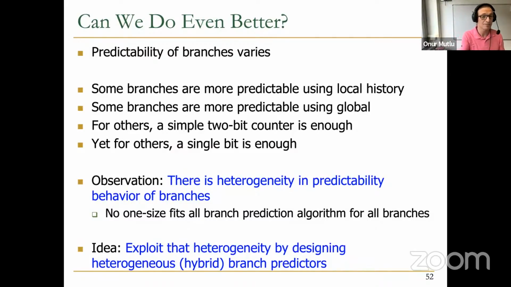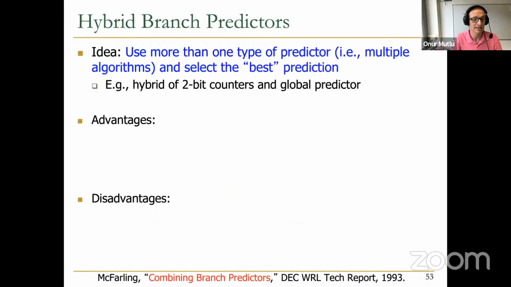And this was first proposed by the paper that you're reading, also combining branch predictors. And the idea is very simple, basically. The philosophy is, again, very general, right? It can apply to many things in life, many design decisions. You can have heterogeneous processor cores, for example, to execute different workloads, which already exist, actually. If you look at latest processors, they have different types of processor cores so that they can execute different types of workloads. And now we have different types of branch predictors.